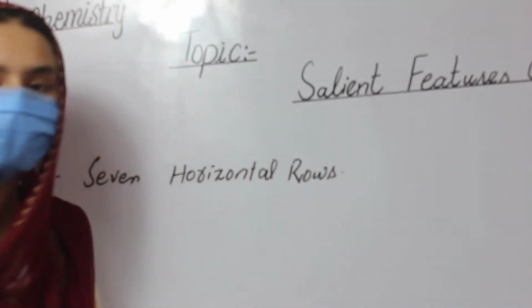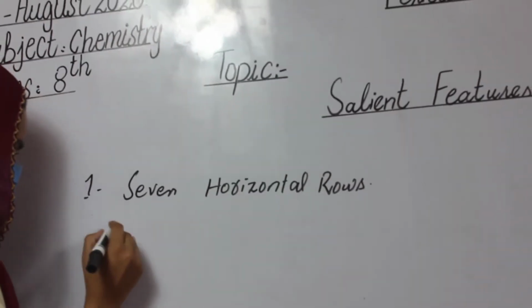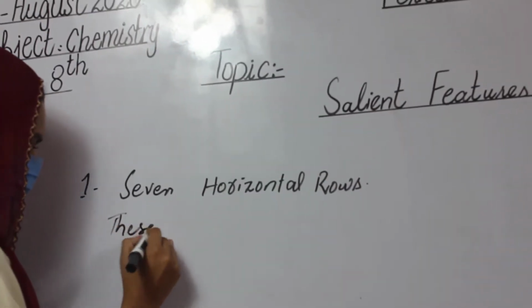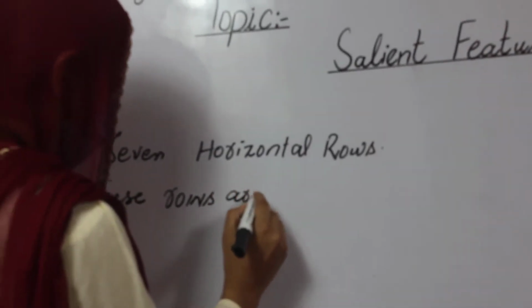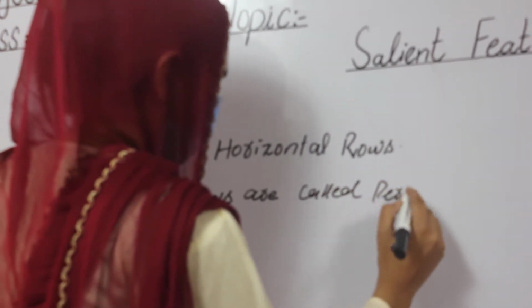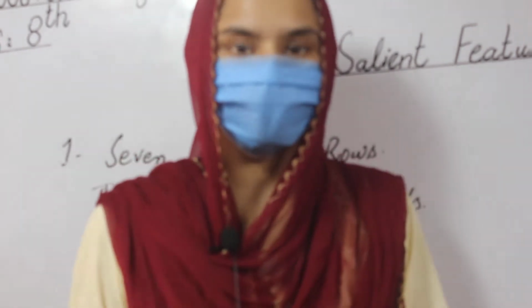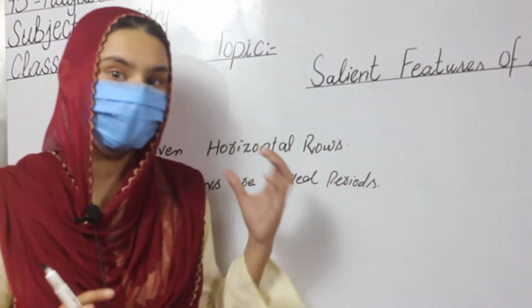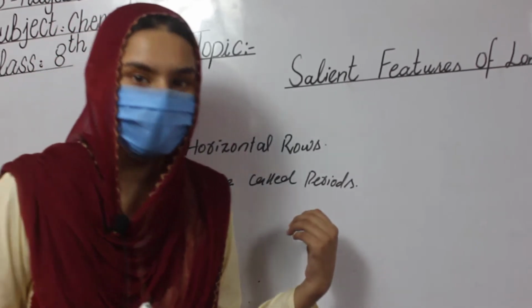These rows are called periods. Basically, the periodic table present nowadays has 7 horizontal rows, and these rows are named periods.